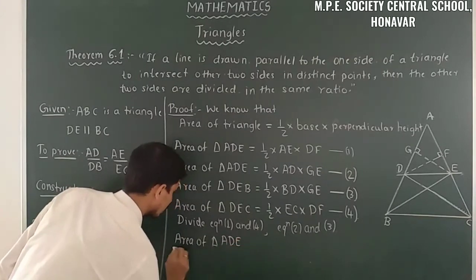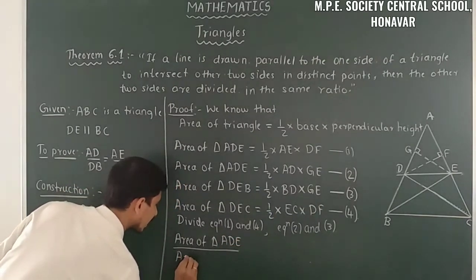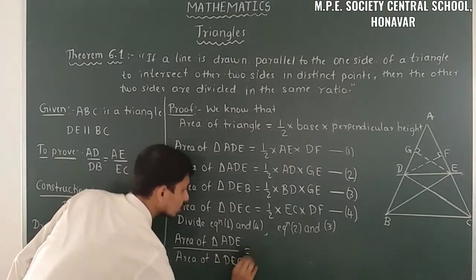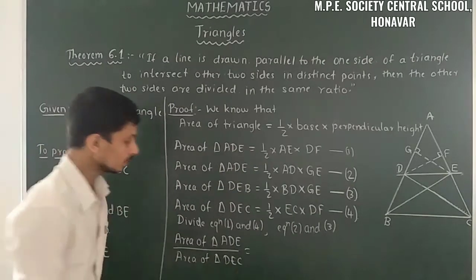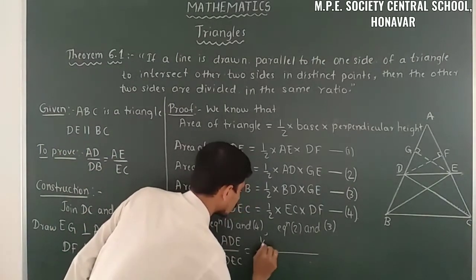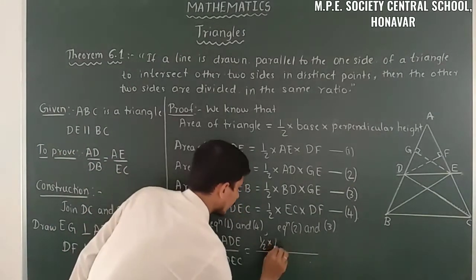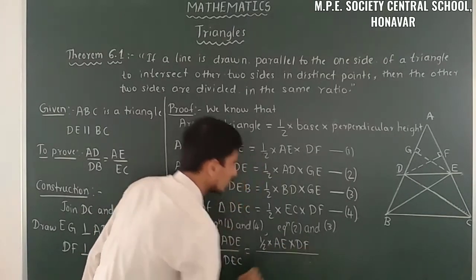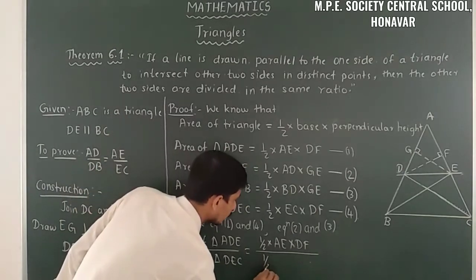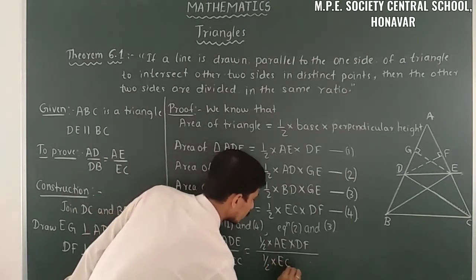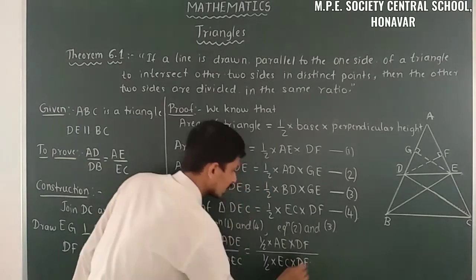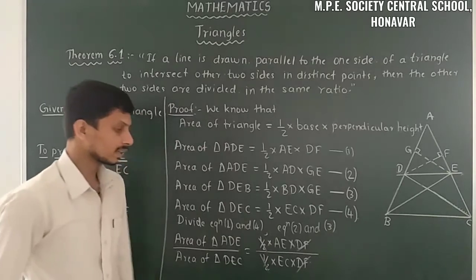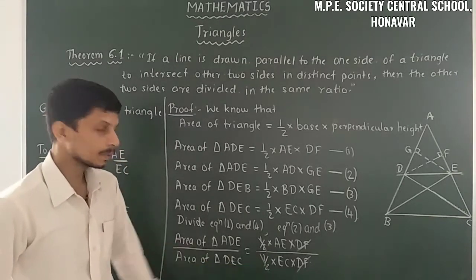Let us substitute: 1 by 2 into AE into DF divided by 1 by 2 into EC into DF. Here DF and DF cancel, and 1 by 2 and 1 by 2 cancel. The remaining is AE by EC.